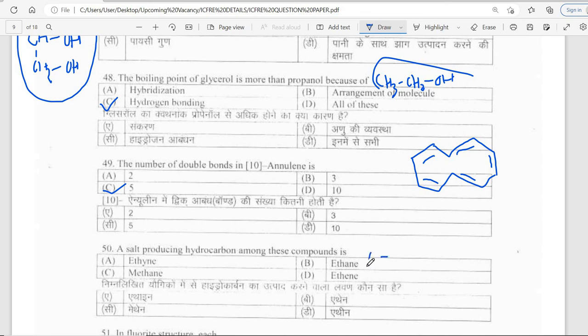If we react with sodium NaOH, then it can form HC triple bond C minus Na plus. This is the salt that has to be formed. So ethyne is the correct answer.